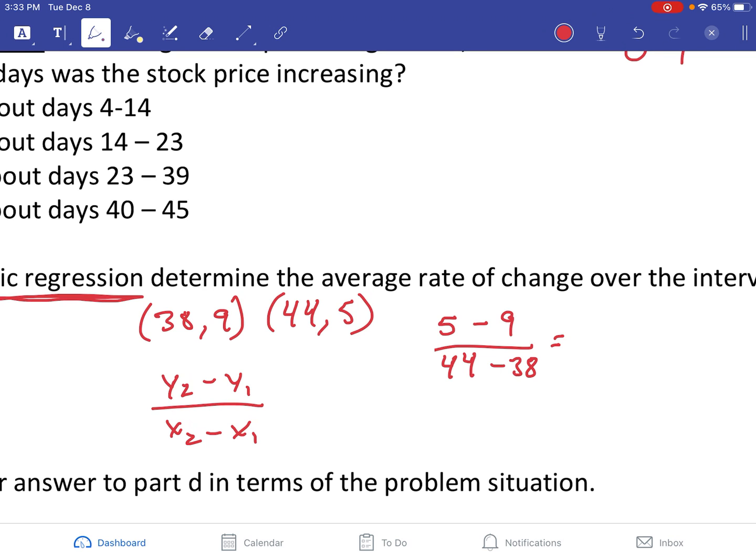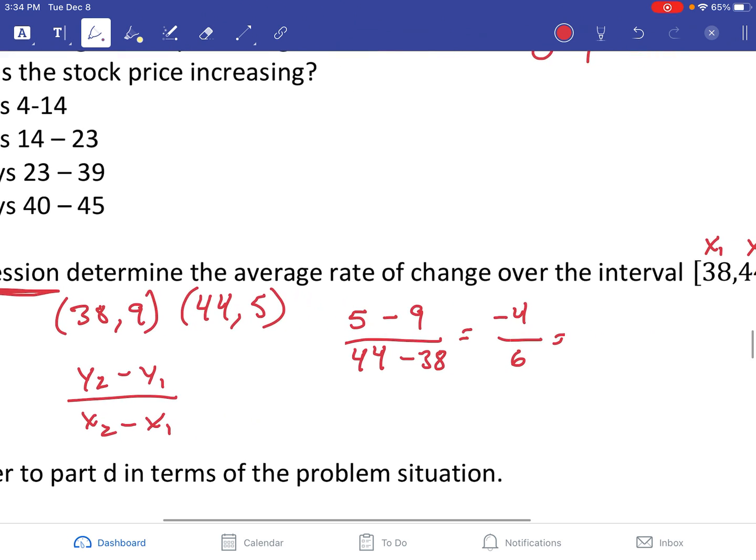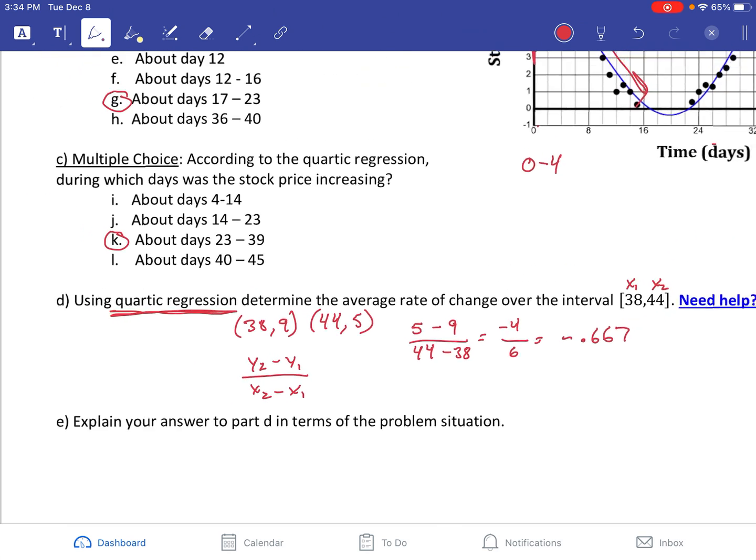So we have negative 4 over, what is that? 44 minus 38, I should know that in my head, it's 6. So we have negative 4 over 6. We're going to reduce this. We're actually going to divide it in total. So it's going to be negative 4 divided by 6. It's going to be negative 0.667. There we go. All right.